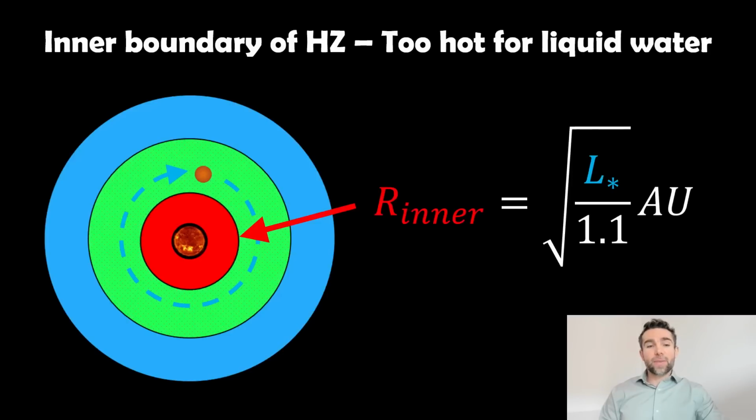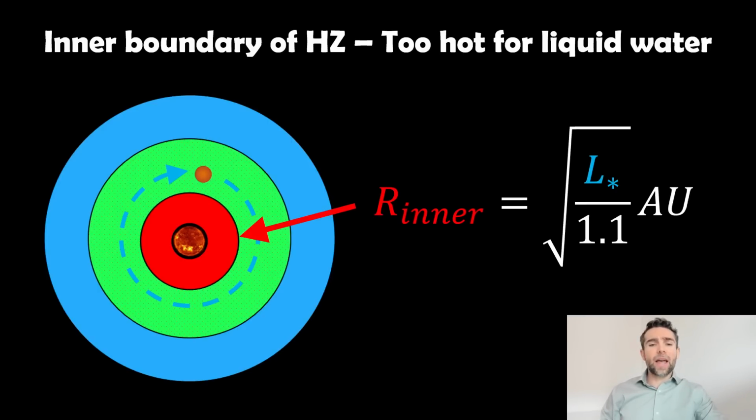So once we've got that, we can then use this equation to calculate our inner boundary for our habitable zone. And this is where it starts to become too hot to have liquid water. So basically we've got the square root of the luminosity of the star in solar units over 1.1, and the units it's given in are astronomical units. 1 astronomical unit is the average distance of the Earth and the sun.